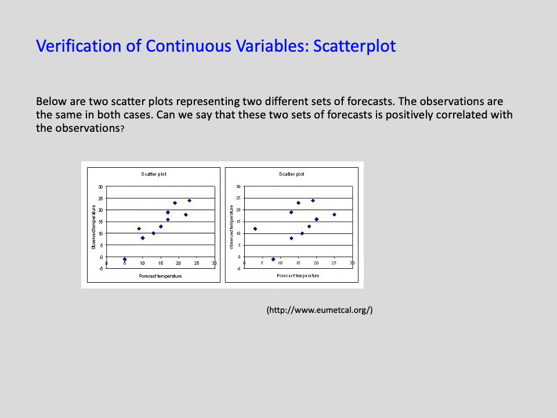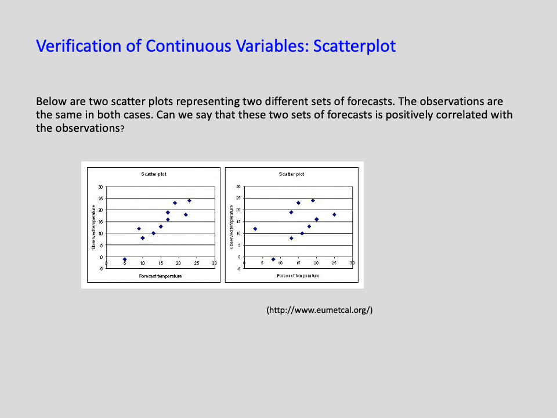Scatterplot can also tell us whether the forecasts and the observations are linearly correlated. That is, large observation values should always correspond to large forecast values. The two scatter plots shown here represent two different sets of forecasts. The observations are the same.